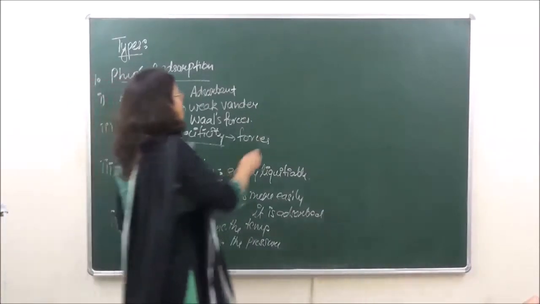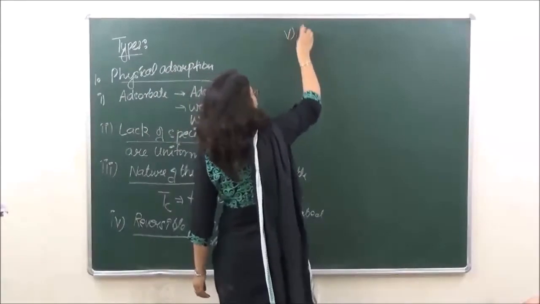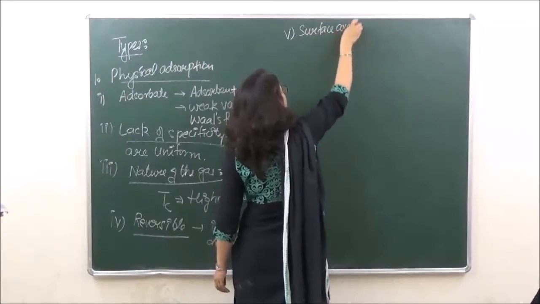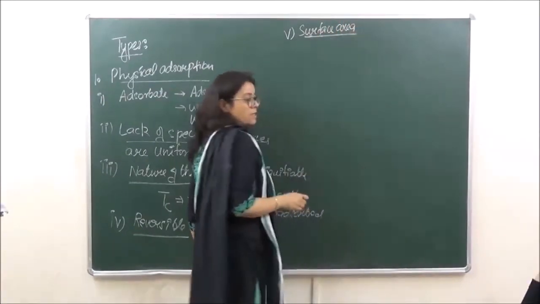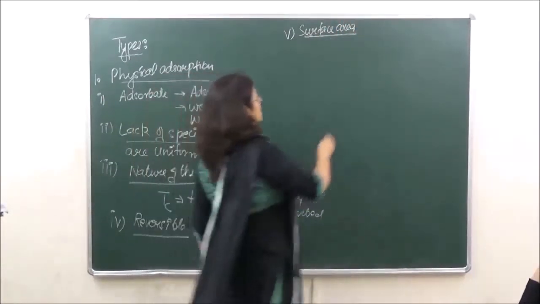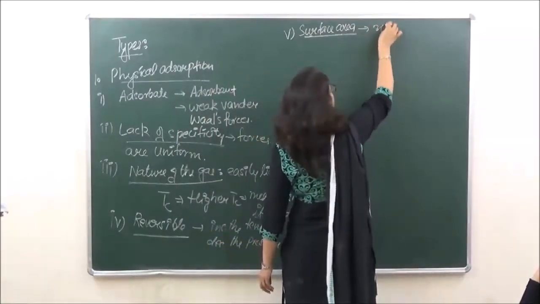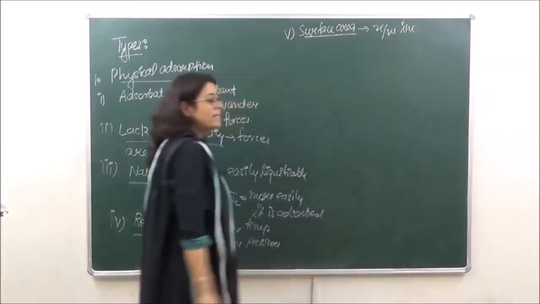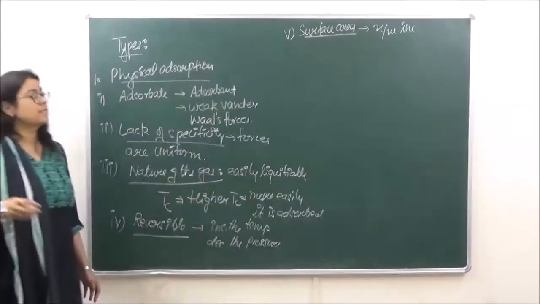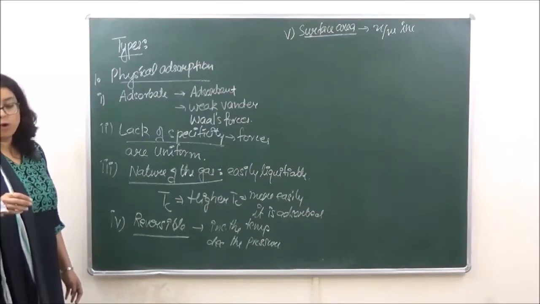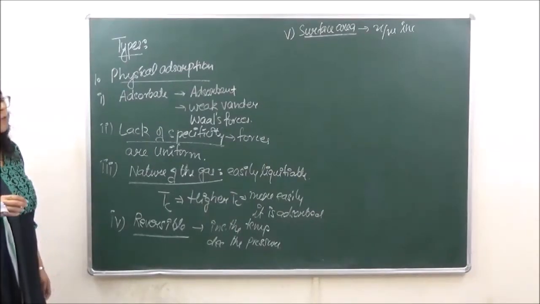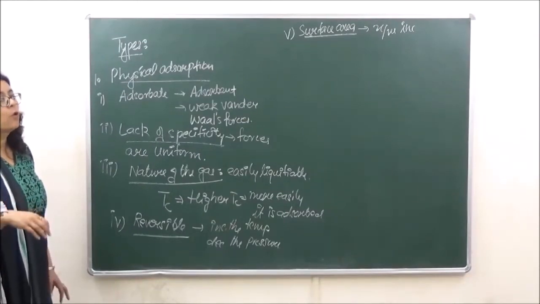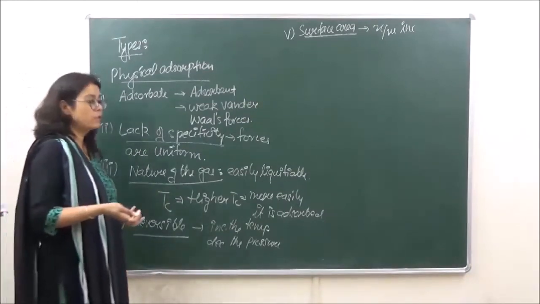Then number 5, the extent of adsorption increases with surface area. As we increase the surface area, the extent of adsorption increases. Why does this happen? Because it's a surface phenomenon, so the more the surface area of the adsorbent, the more forces of attraction, or the more area which is prone to adsorption.